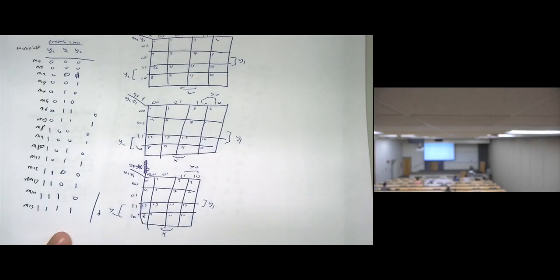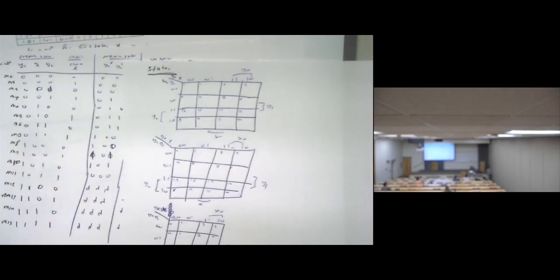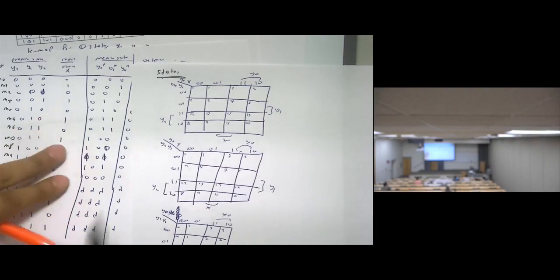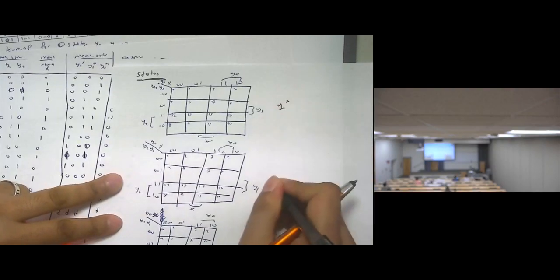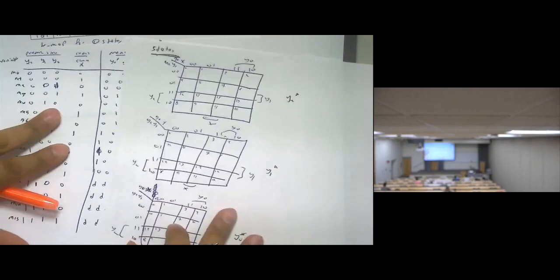Now it's time to write the Karnaugh maps for the variables. Here, where are the locations of ones at y2? This is for the equation for y2 star. Here is y1 star. Here is y0 star. Let's look at y2.